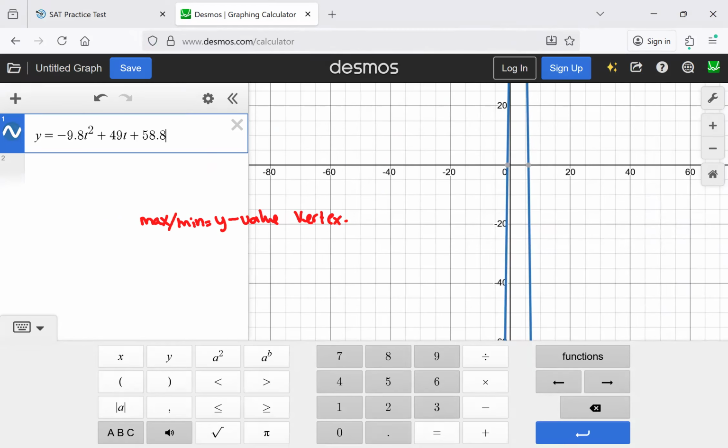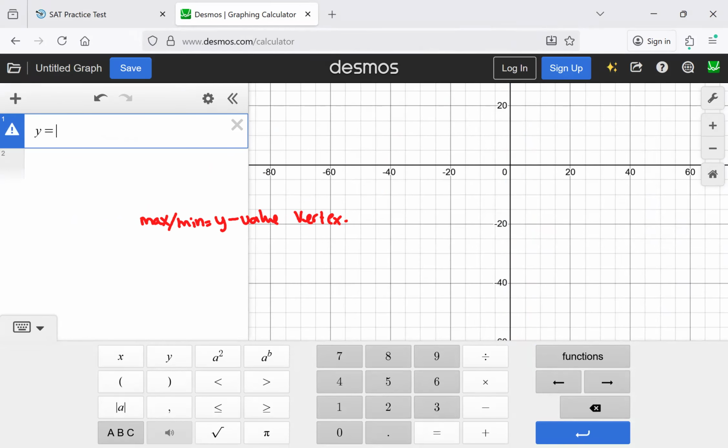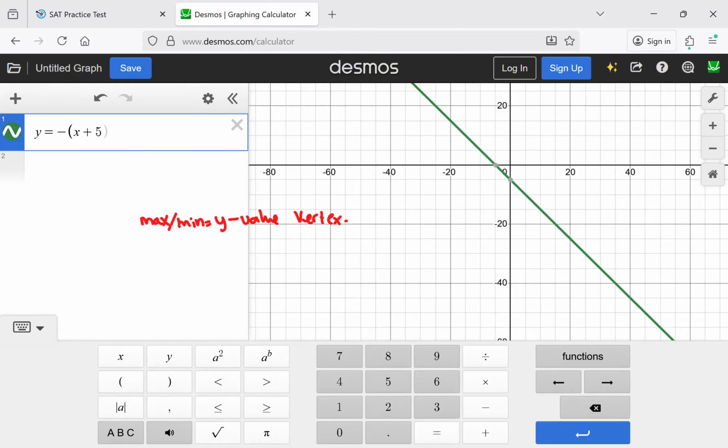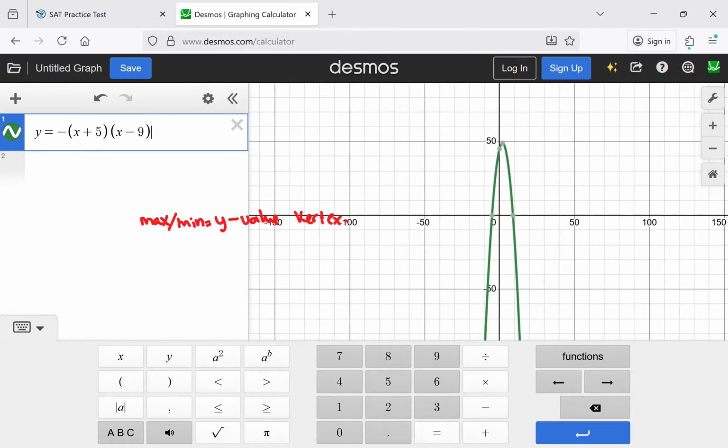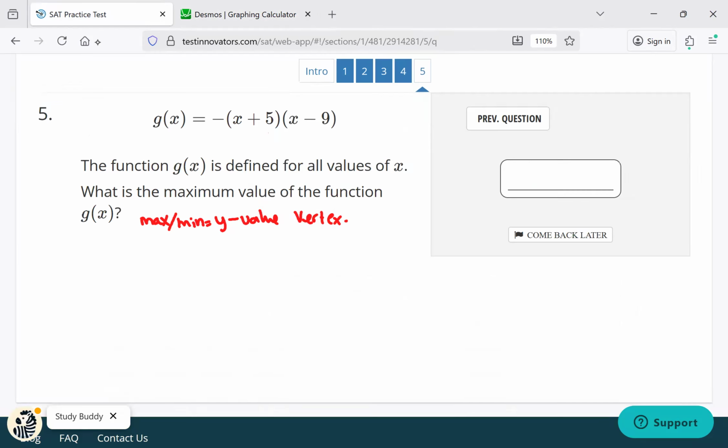See, the vertex is the lowest or the highest point, so it's right here, and it looks like your max is 49. So you could have just looked at that and figured out it's 49.